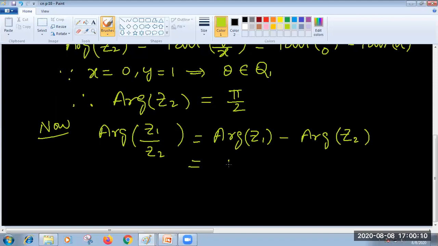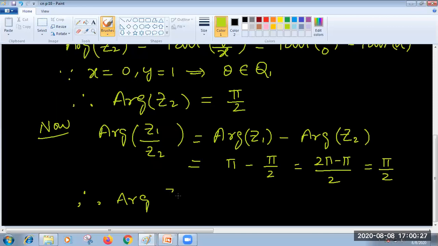Argument z1 is pi, argument z2 is pi by 2, taking LCM. So this is 2 pi minus pi, that is pi by 2. So argument z1 by z2 is equal to pi by 2. Very simple and very important problem.